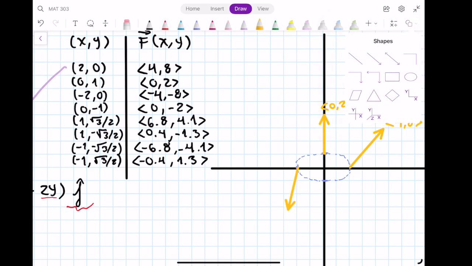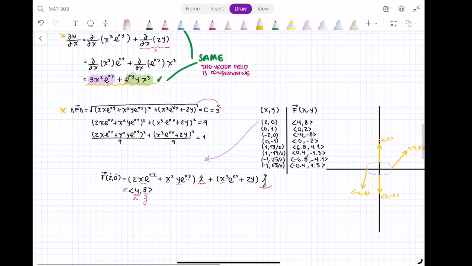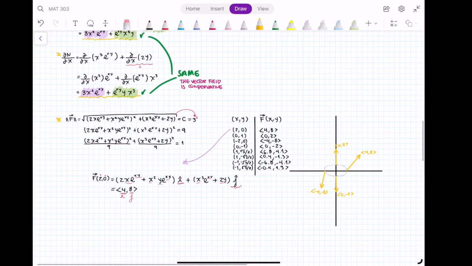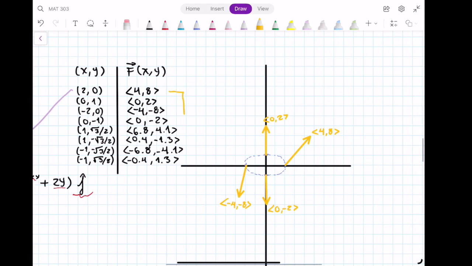Last one, remember that is 3. Perfect. So this one is going to be -4, -8, and this one is going to be 0, -2. Right? So now we have already graphed our field using these 4 vectors.